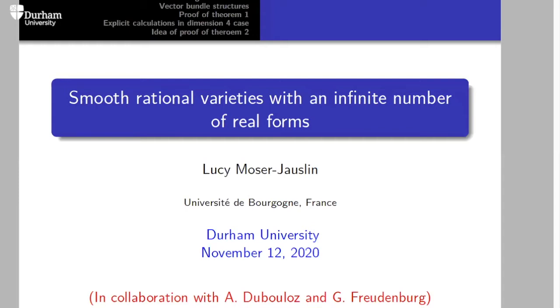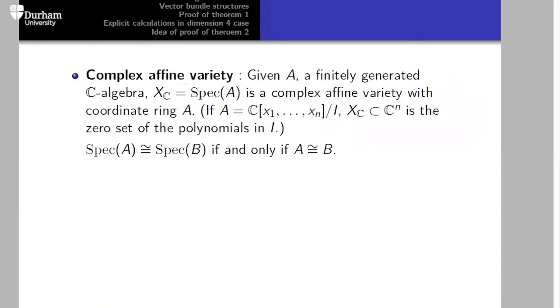So let's begin. I'll start with a very elementary recollection of algebraic geometry. And I will only do it in the affine setting because the varieties that I will be talking about are affine. So a complex affine variety is a variety given by its coordinate ring.